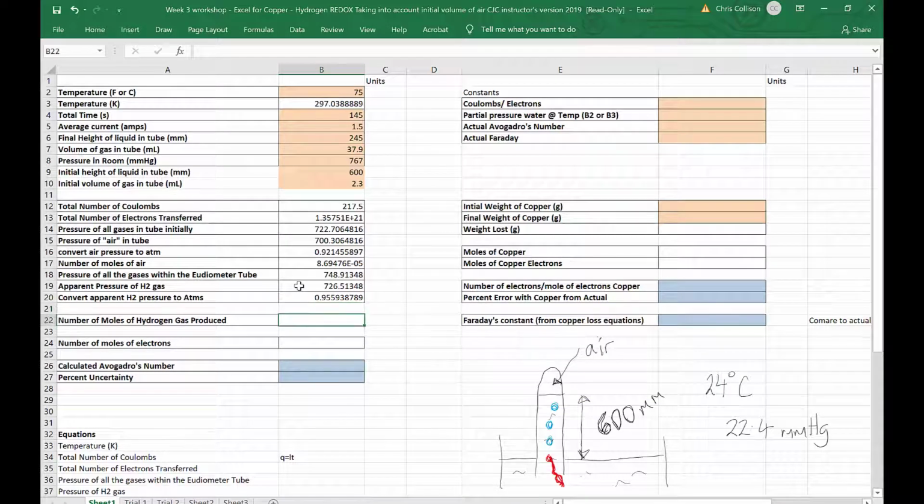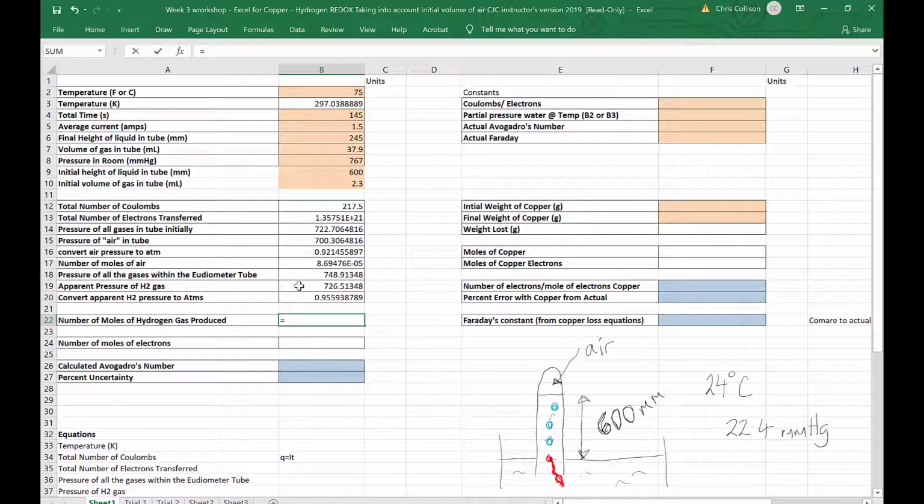And finally, we're going to calculate the number of moles of hydrogen gas produced, the actual number of moles of hydrogen gas produced. And it's here that we're going to ultimately subtract the number of moles of air that we had to begin with. But let's first of all calculate how many moles of all gases we have in this tube now.